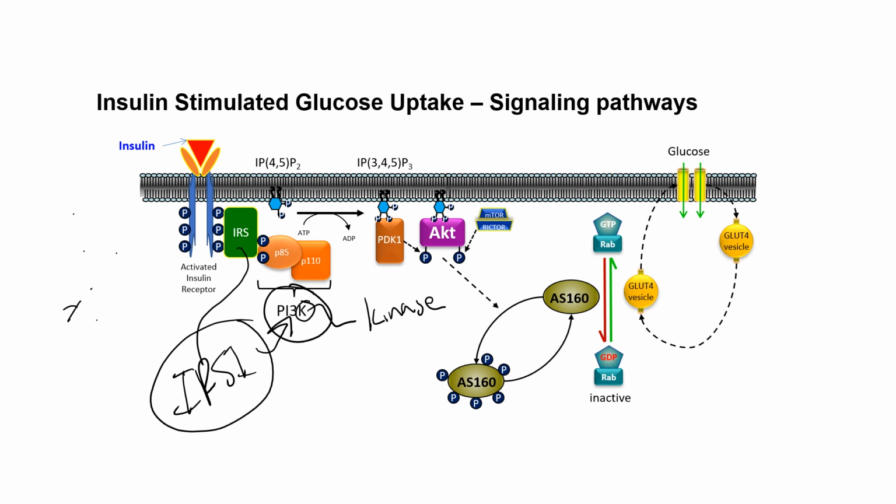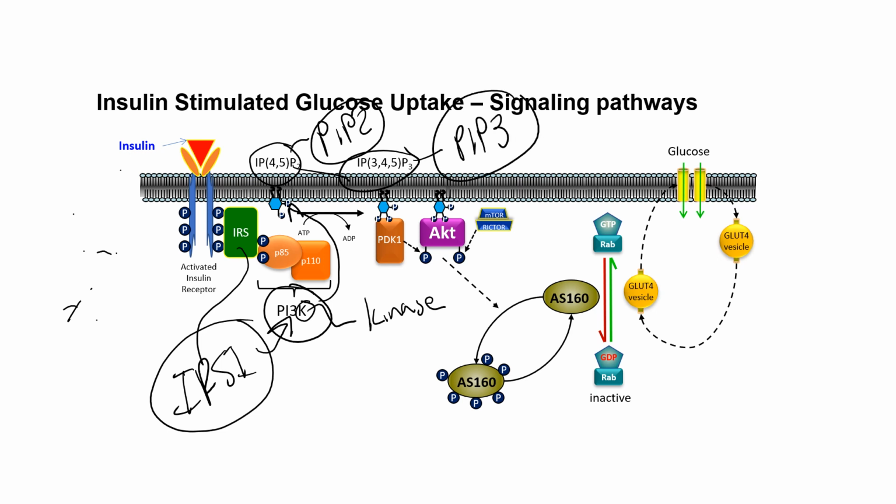So what PI3K does is it goes over to what's usually called PIP2. Some of you have seen this protein before. And what it does to PIP2 is it phosphorylates it. When it phosphorylates it, a phosphate has been added to PIP2, and what PIP2 becomes is PIP3.